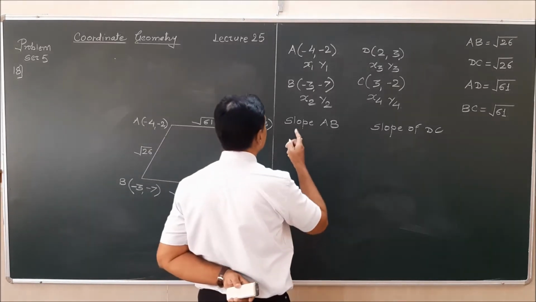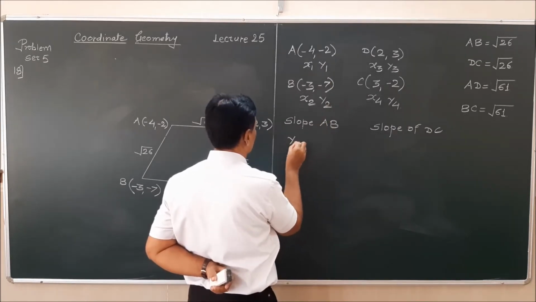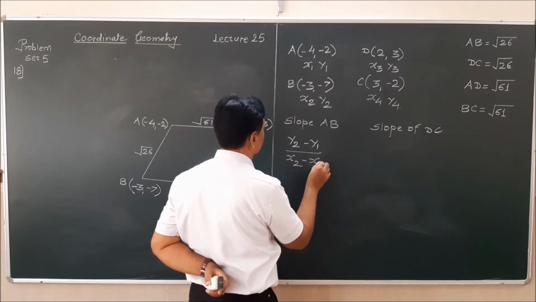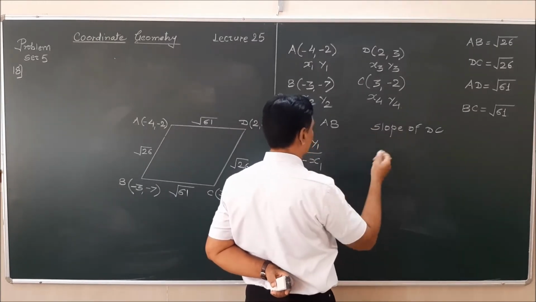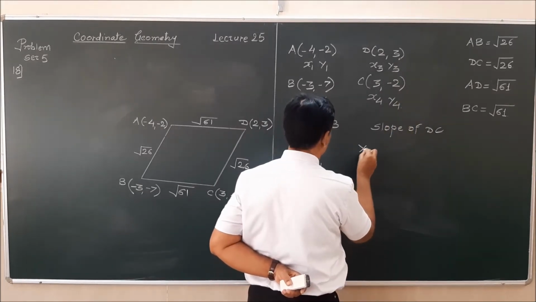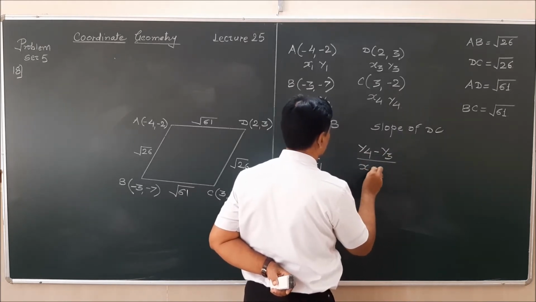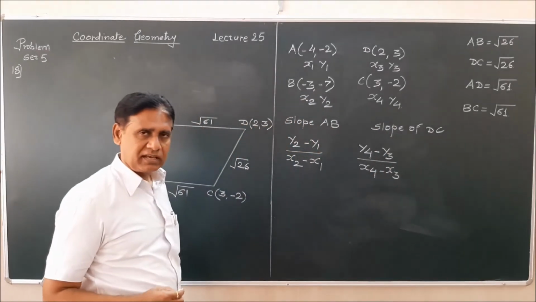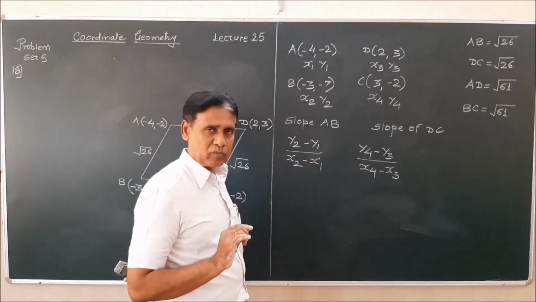Now you will find here I will get slope, y2 minus y1 upon x2 minus x1, that is equal to, so far we will not say they are equal or not, we don't know, y4 minus y3 upon x4 minus x3. I am going to decide whether the slopes of AB and DC are the same or not.